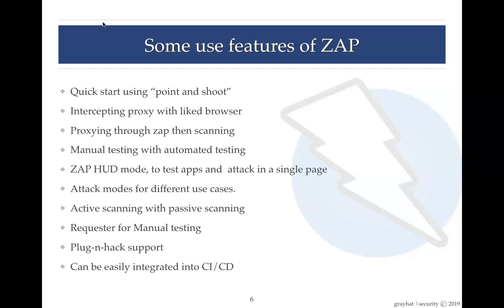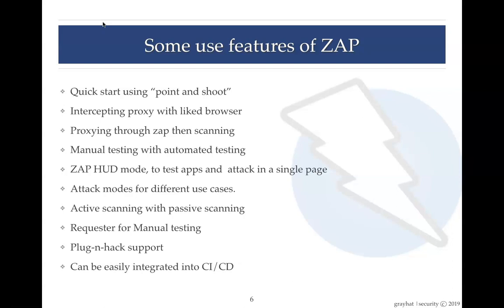Every attack mode has its own criteria of what it will not do and what it will perform, like scanning, active scanning, or it will not manipulate the responses from the web pages, so that you will be safe, or your code will also be safe if you are using it in the development environment.